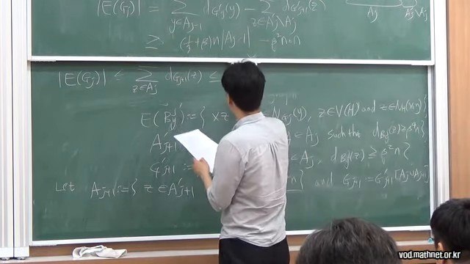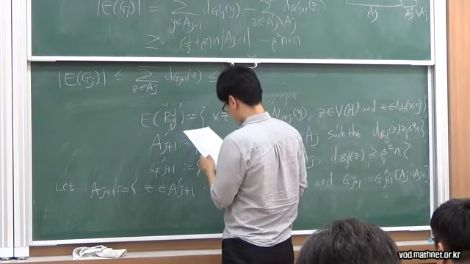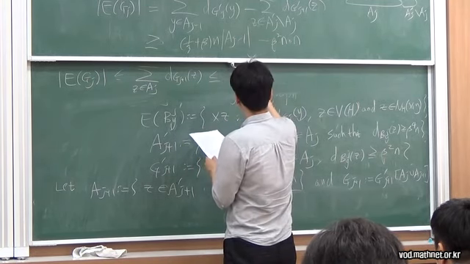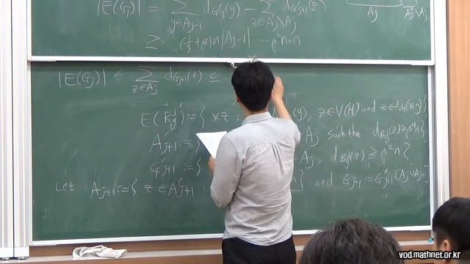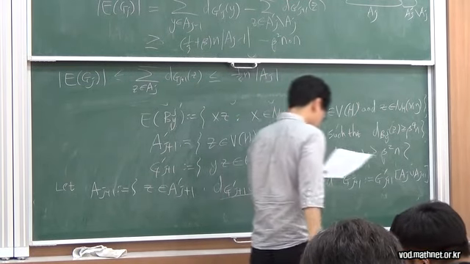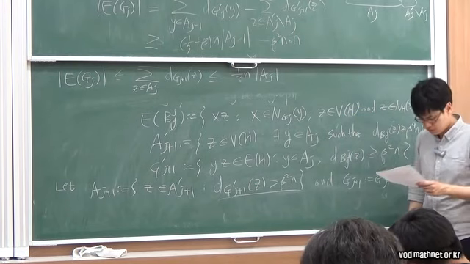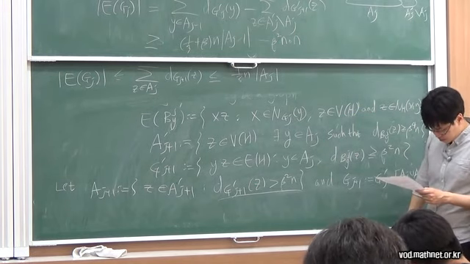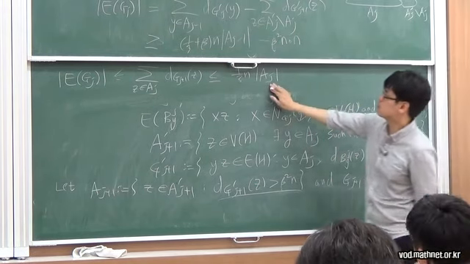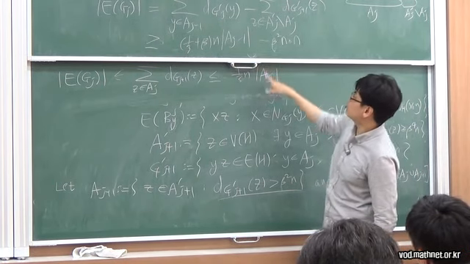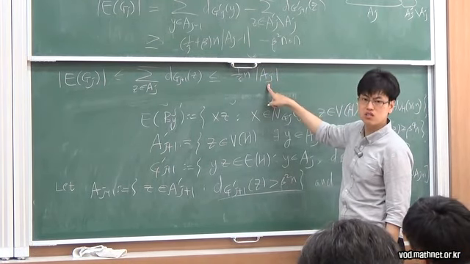So it's 1/3 n, and how many such vertices? A sub j. So this is lower bound and this is upper bound.